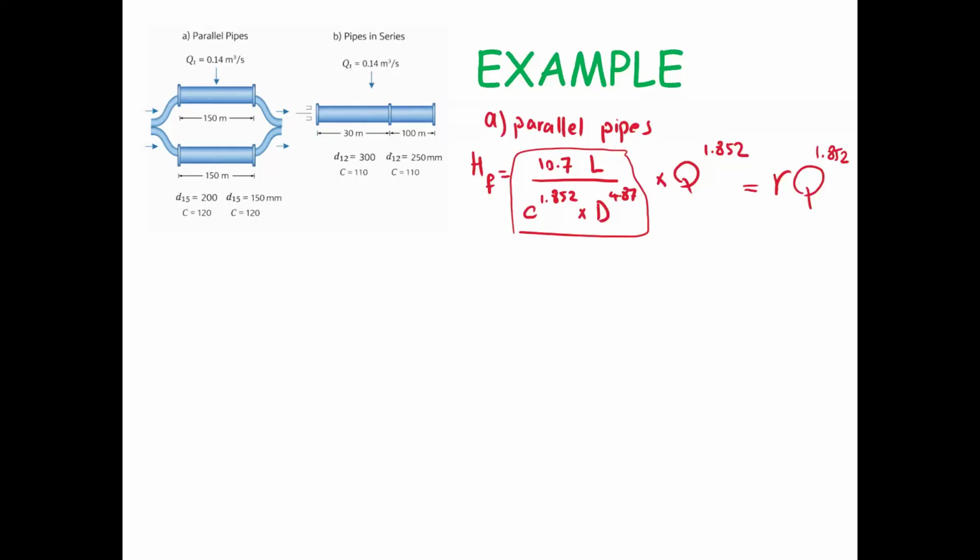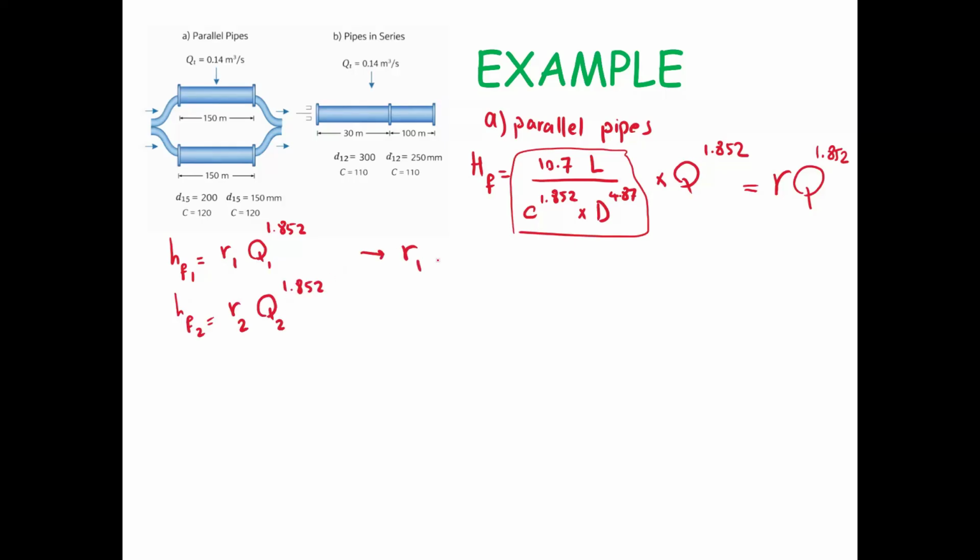I have two pipes, so I should do it twice. HF1 equals R1 Q1^1.852, and HF2 equals R2 Q2^1.852.